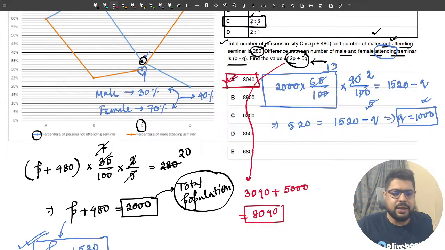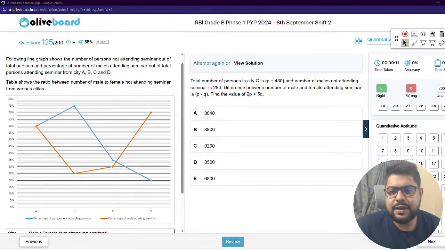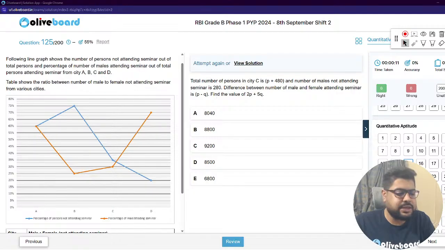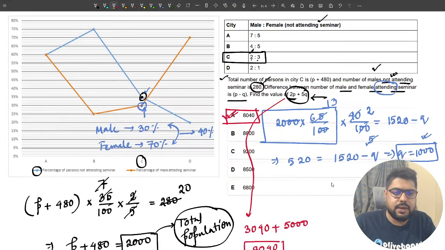Let's do this, sir. Yaar, I have not shared it, kya? At least some of you must have said something, na? You see, I have done this question without sharing this. My mistake.